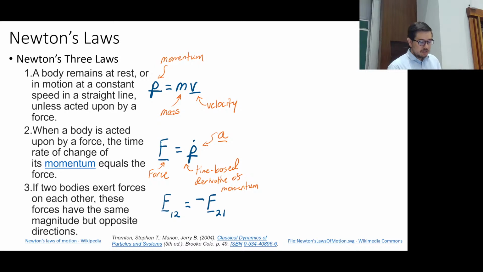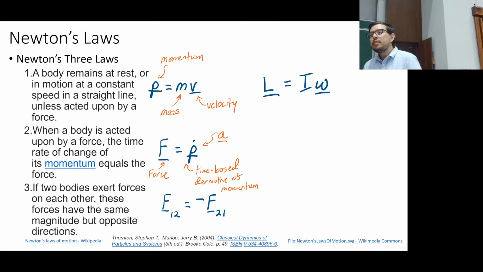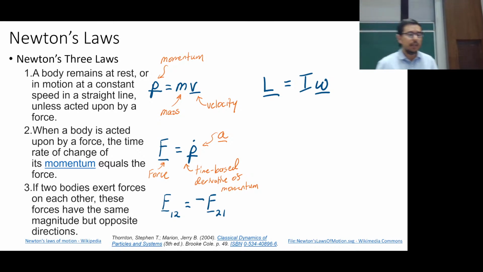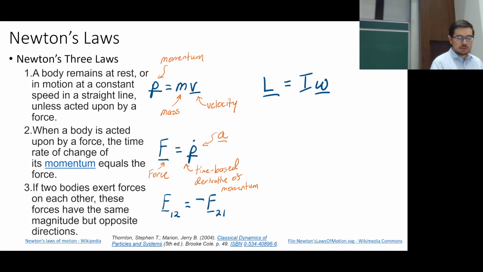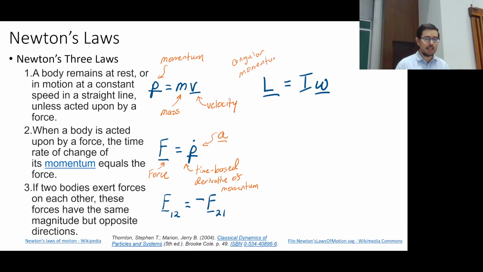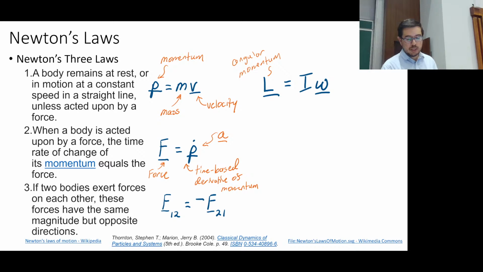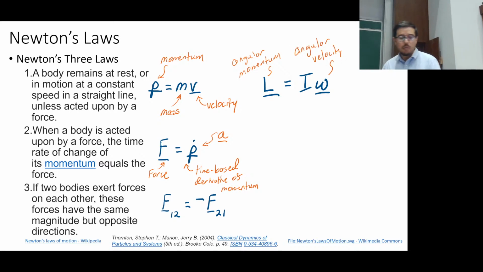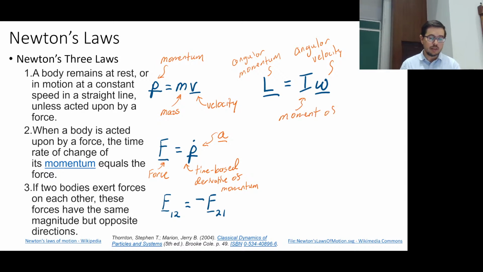Now, let's think about the analogies when considering rotation. Again, we probably won't use this equation very much in this class, but we can think of angular momentum as being the angular velocity times a moment of inertia. And that's the first law.